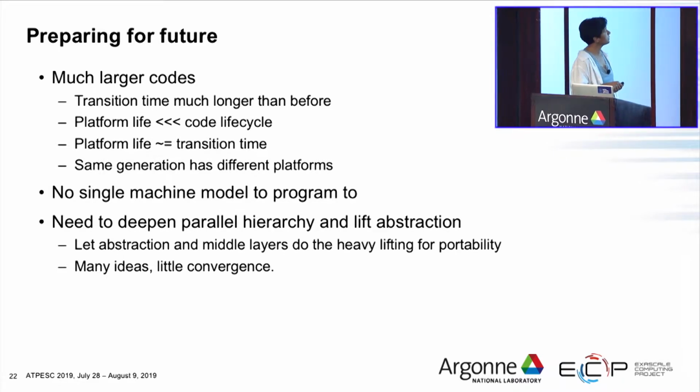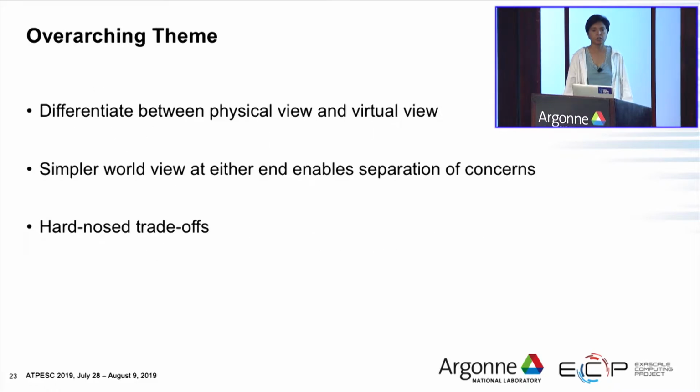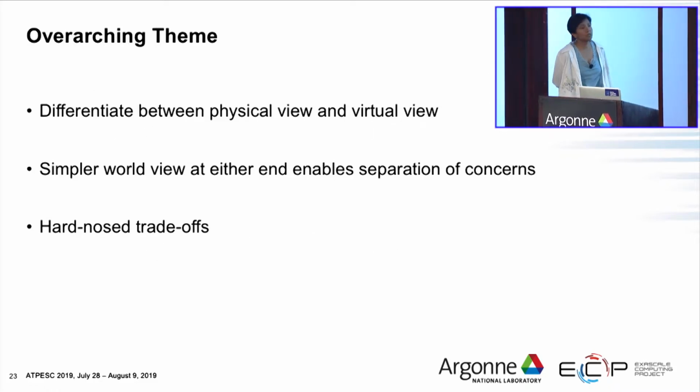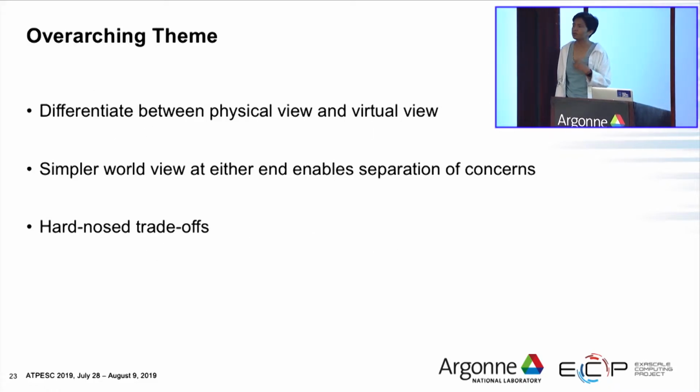The only thing that can be done is to lift abstractions and deepen the hierarchy so that there is much more composability left within the code for being able to tackle the situation. I'm specifically going to talk about how we are approaching this for Flash, but that doesn't mean that is the only design that exists.